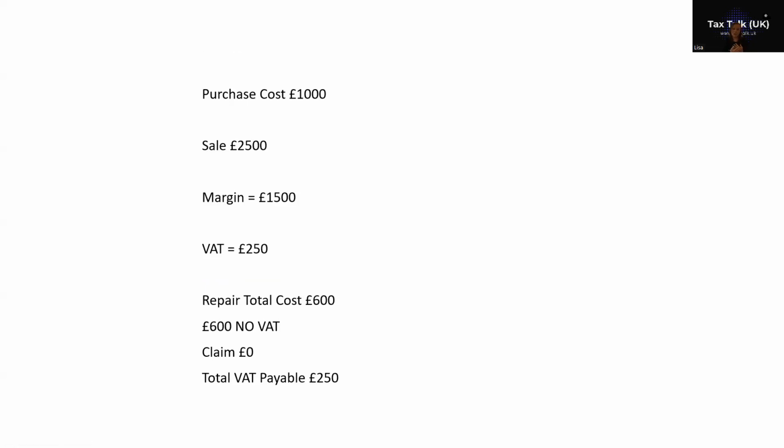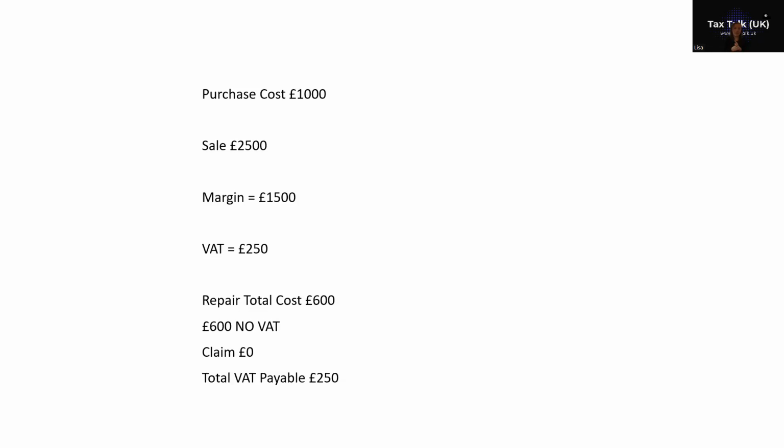In this scenario, we're going to use the same original figures: the purchase cost of £1,000, the sale of £2,500, giving us a margin of £1,500. Applying the VAT fraction gives us a VAT liability of £250.